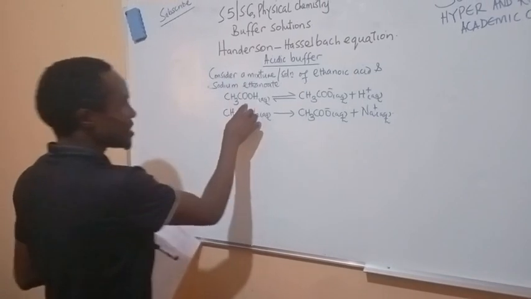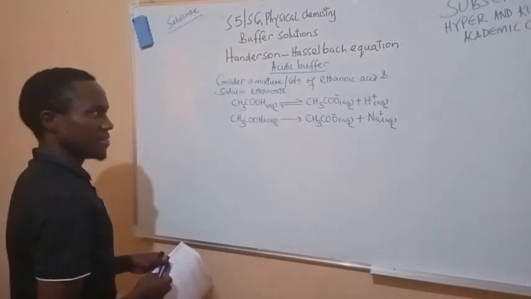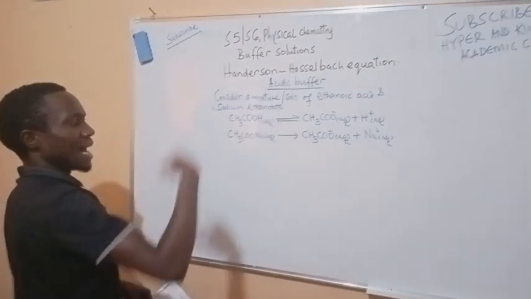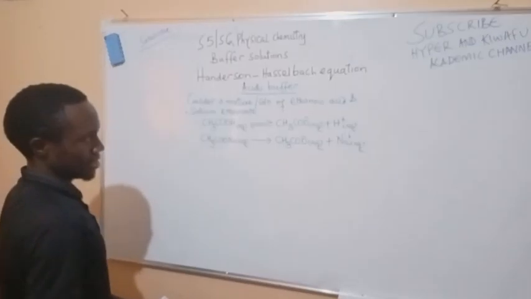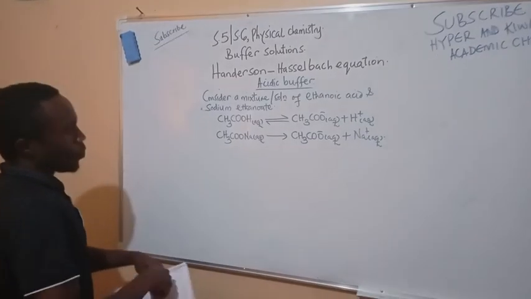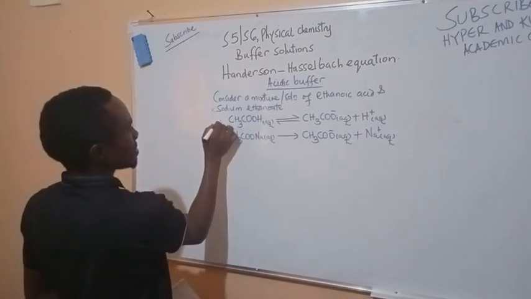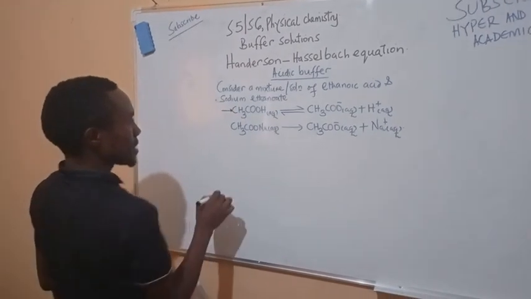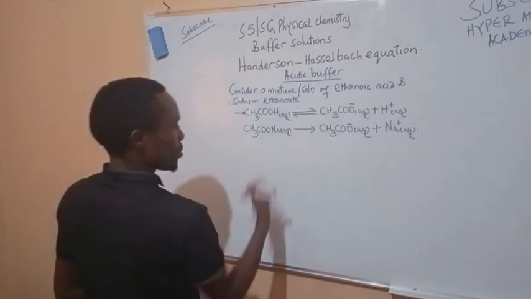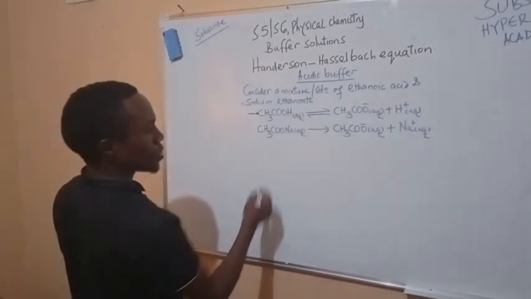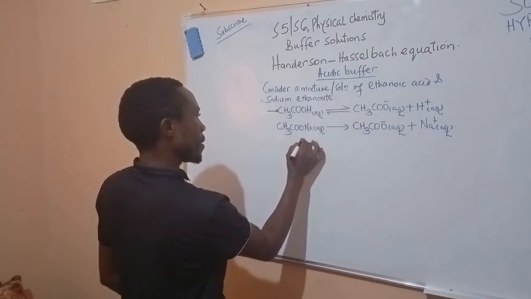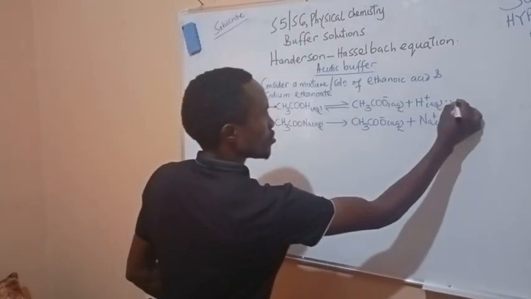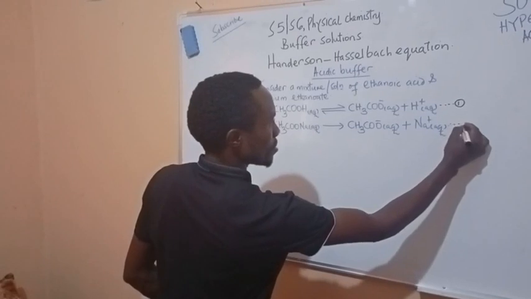Since the acid is dissociating or ionizing, we've got what we call the acid dissociation constant. So we look at what is dissociating, basically the acid, and being a weak acid it has the acid dissociation constant Ka. Let me call this one equation 1 and this one equation 2.